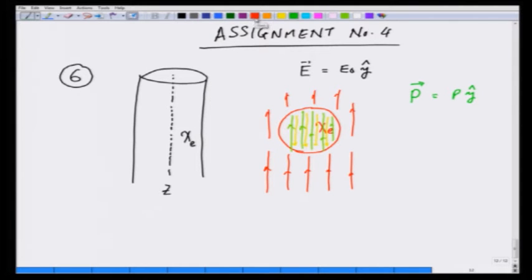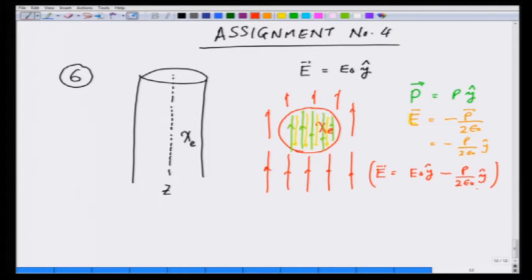This in turn will create an electric field E, which is minus P over 2 epsilon 0 in the y direction, so that the net field inside E is going to be E applied, which is E 0 y minus P over 2 epsilon 0 y.